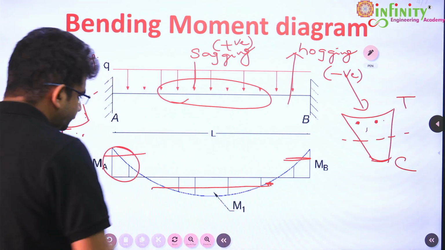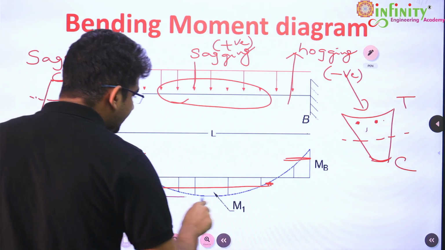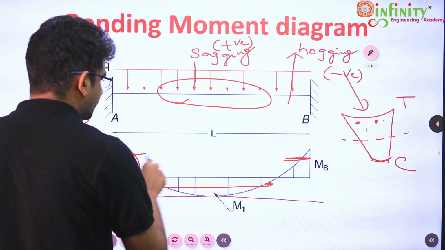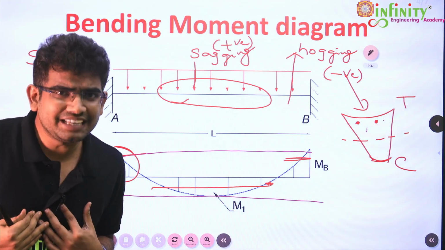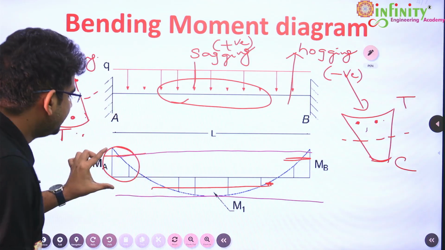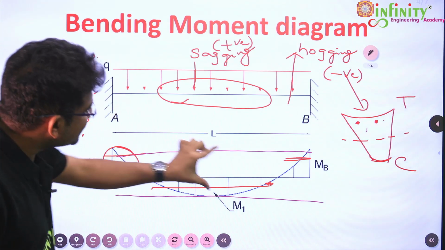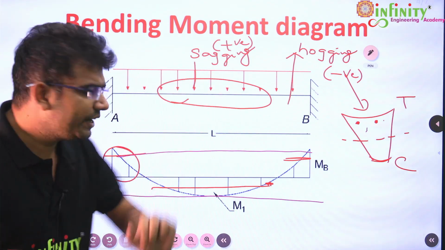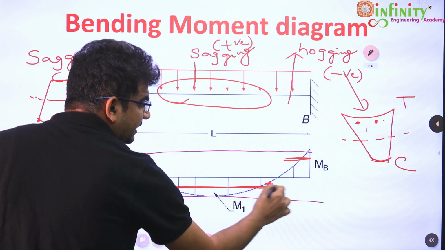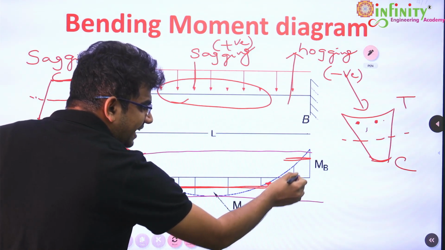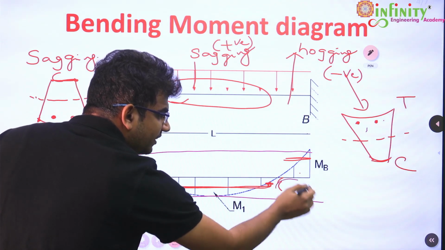So instead of placing the tension reinforcement in both the places, I am providing the tension reinforcement like this, and here the bending moment is negative, so we don't need to keep the tension reinforcement beyond this point.